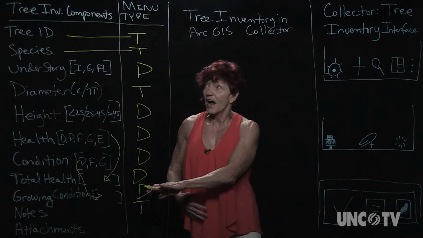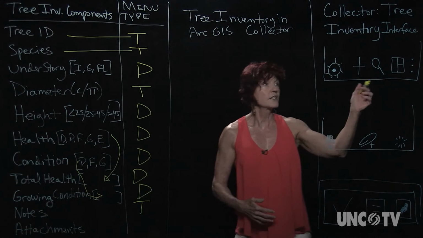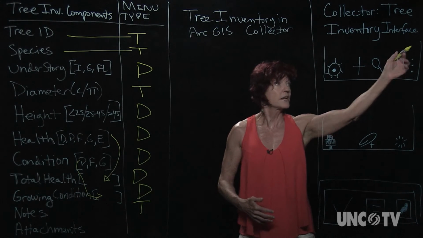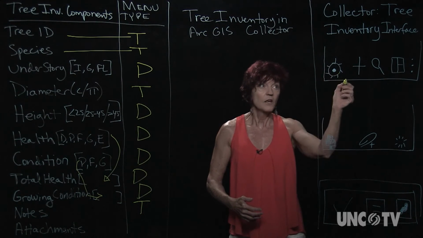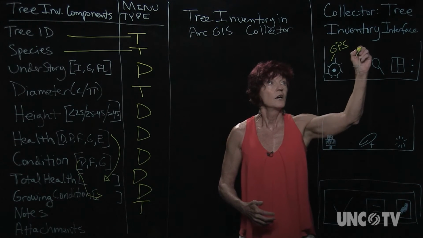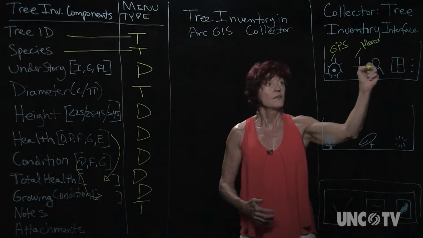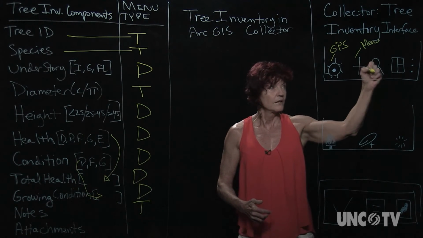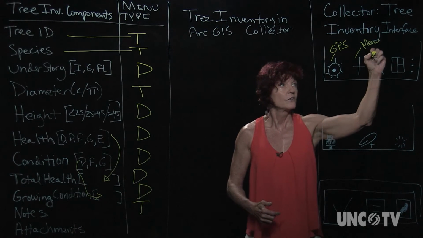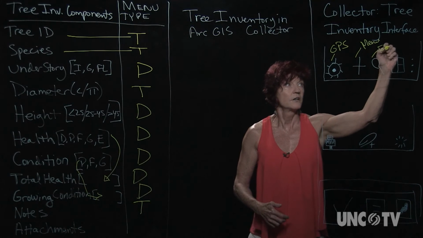So now these are the items that you're going to find in your interface. So let's come over to the interface on the phone. The beginning part is on the bottom where you have here your GPS. The crosshair is the menu. The identifier here that looks like a magnifier is your finder.